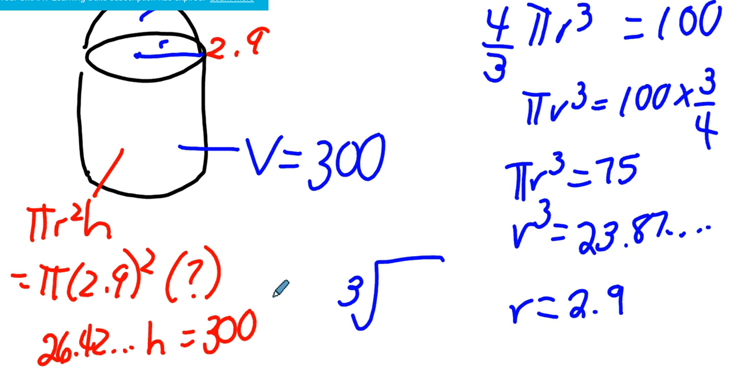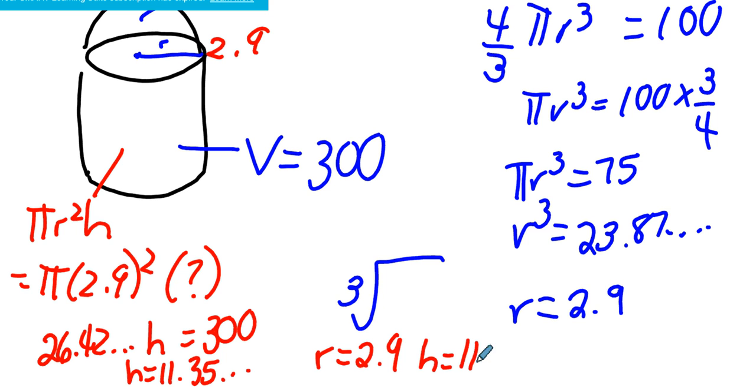If I just do 300 divided by that answer, I'm going to get a height of about 11.35, etc. Now the only thing you have to do is play around with the decimals because I've rounded a bit. If you use a radius of 2.9 and a height of, say, 11.3 or 11.4, you may or may not get 350. So you're going to have to play around.